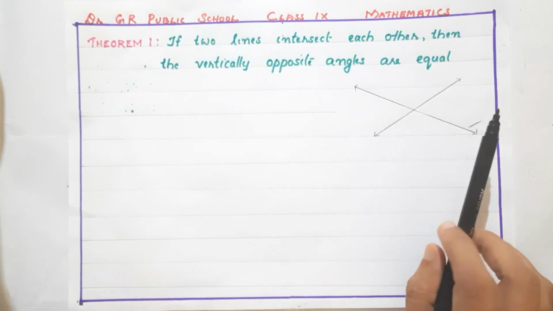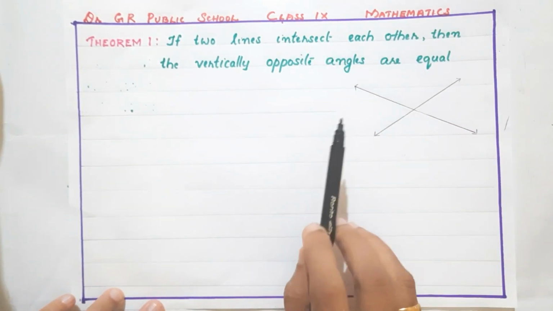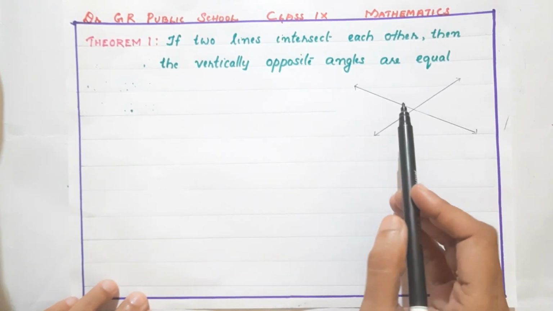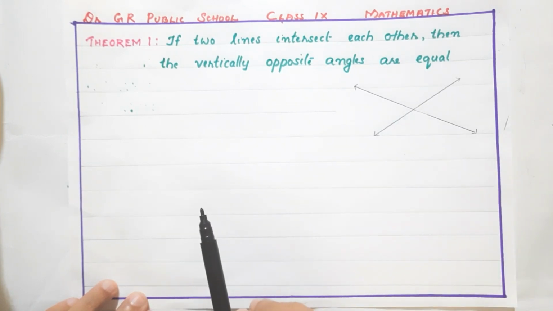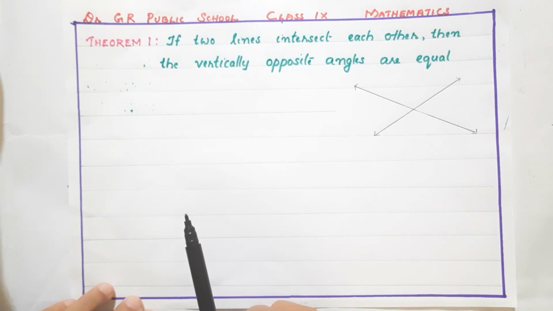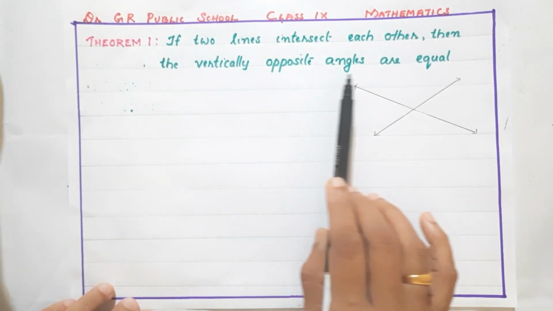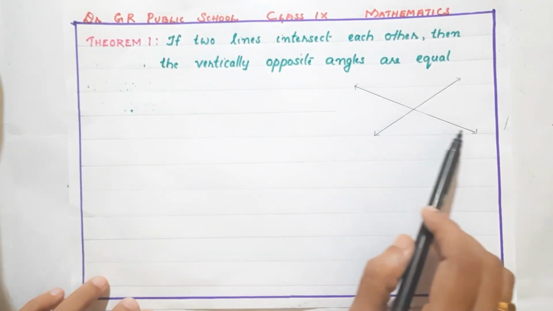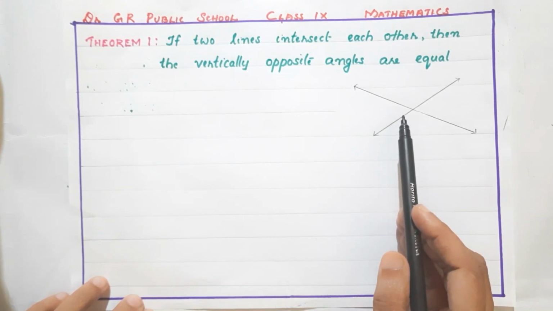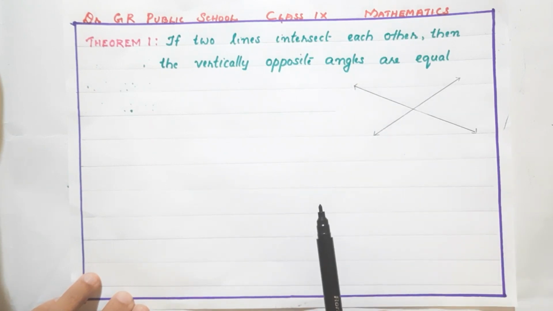Now, what is to be proved? Two lines intersect each other. Here you can see two lines and they are intersecting each other at one point. Then vertically opposite angles are equal. We have discussed what vertically opposite angles are. When two lines intersect each other, the angles which do not have a common arm are called vertically opposite angles.